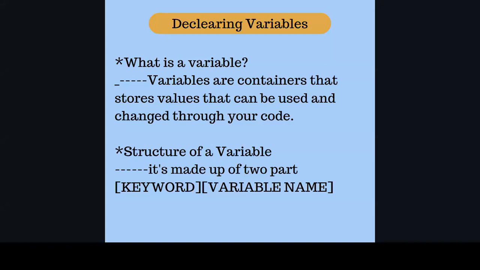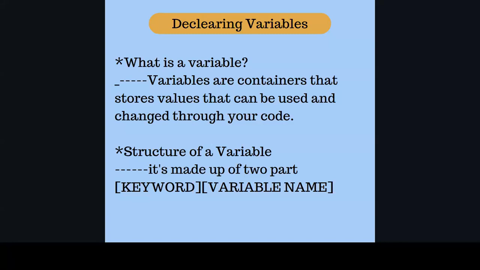So what is a variable? Variables are very important when it comes to programming, and so it's important for you to catch the concept of variables very well. Variables are like containers that store values that can be used and changed throughout your code.